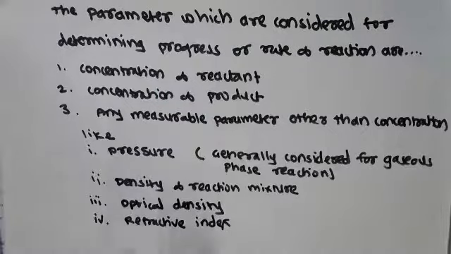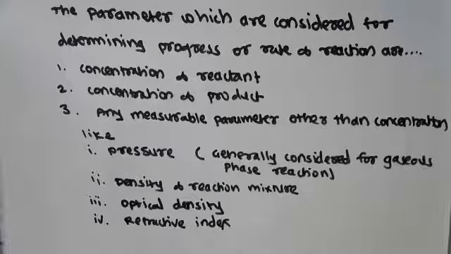Now, after understanding how the rate is measured, why the rate is measured, and which parameters are considered for evaluating or determining the rate of reaction, let us try to understand the definition of rate of reaction and the different forms in which the rate of reaction can be expressed.